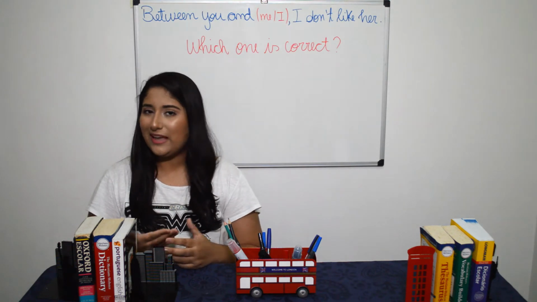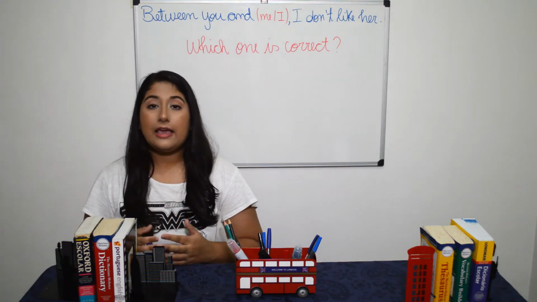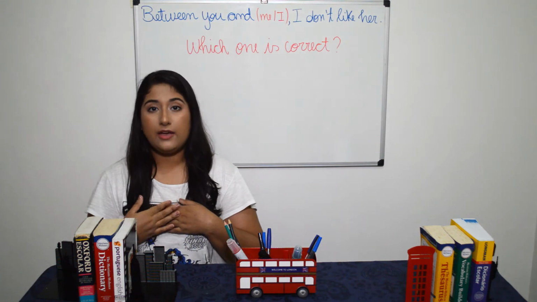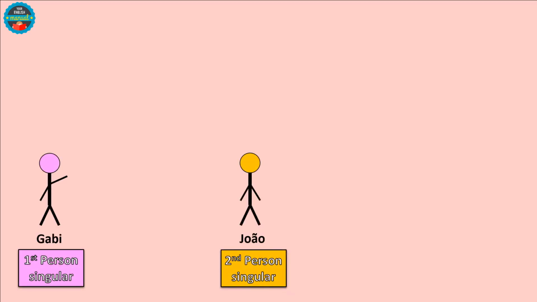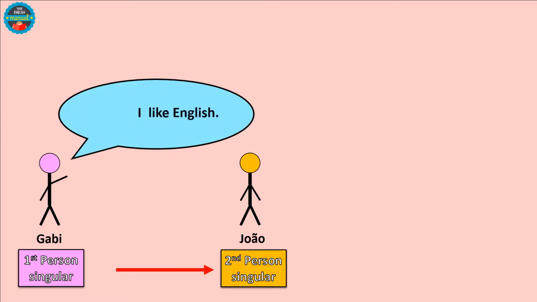For example, Gabi, the first person, can be talking about herself and about another person at the same time. For example, what if I were talking about myself and about Ivan? Think with me. If I say I like English, I'm talking only about myself.